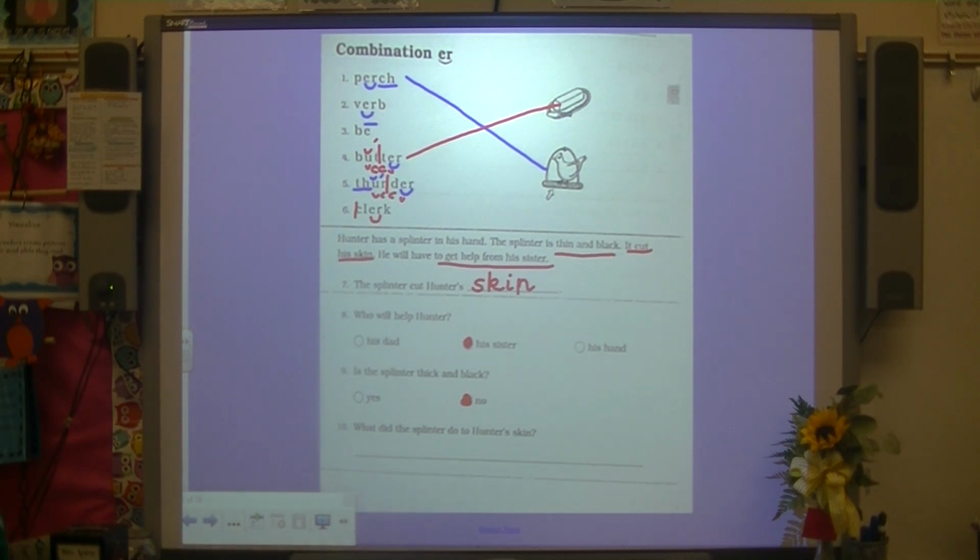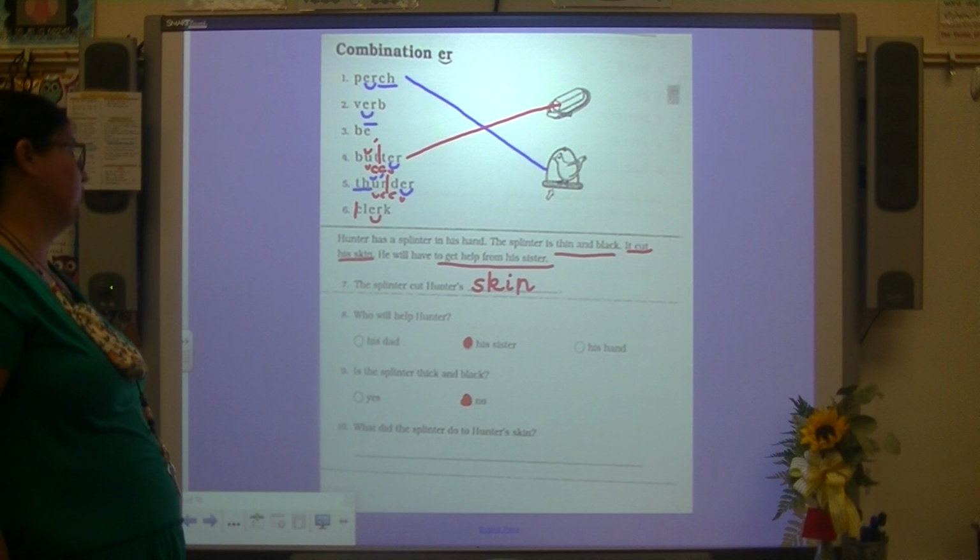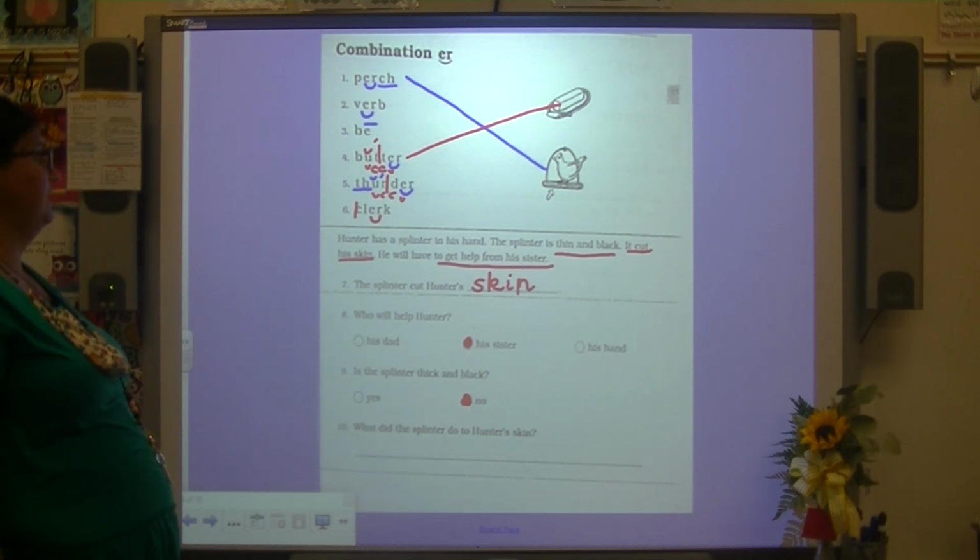And number 10, what did the splinter do to Hunter's skin?